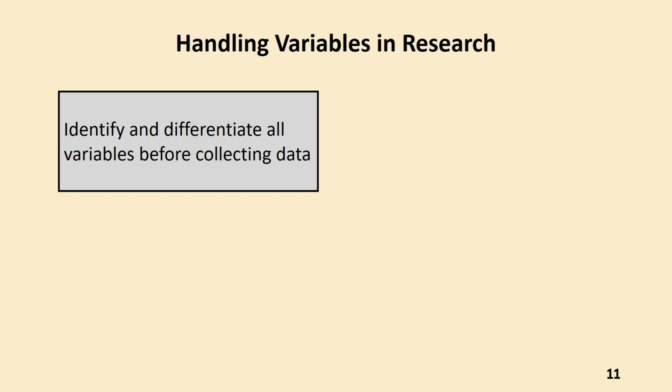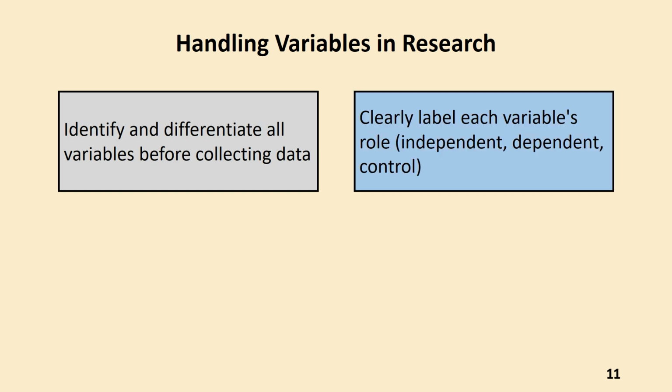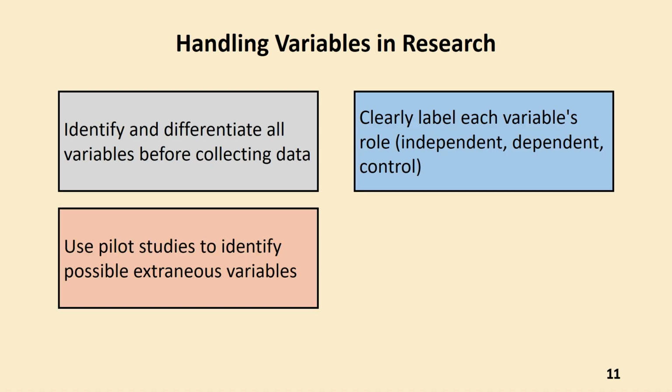Use pilot studies to identify possible extraneous variables, because if they have a very serious impact on your findings, then you have to look into other aspects of how you can minimize them. If your extraneous variable is severely affecting the dependent variable, then there is a chance that the output may not be genuine. So, look into this aspect and maintain consistency in how variables are measured.